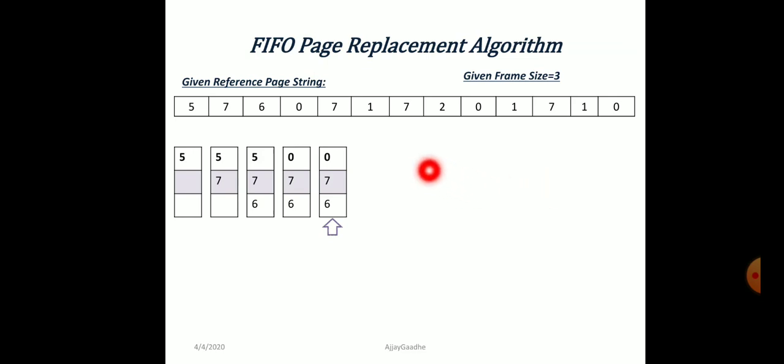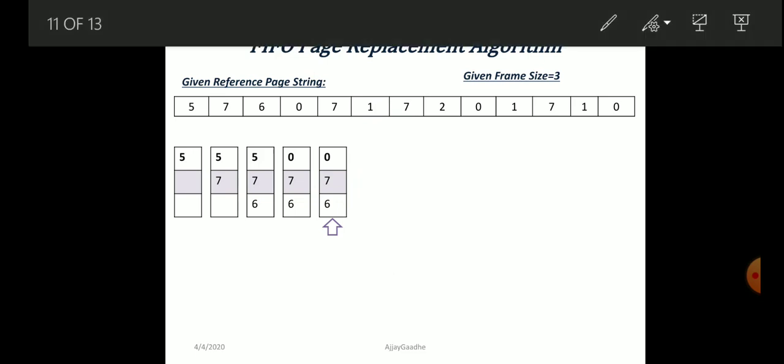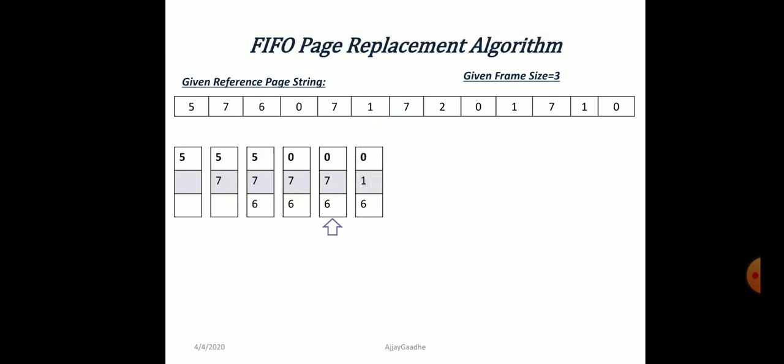Next requested page is 7. 7 is already present, so that is a page hit, you can mark that. Next requested page is 1. It is not present in the main memory, so it is a page fault. Out of 0, 7, 6, 7 is the oldest page, so as per first in first out, 7 is replaced with the new requested page, here 1. Now the instance of main memory is 0, 1, 6.